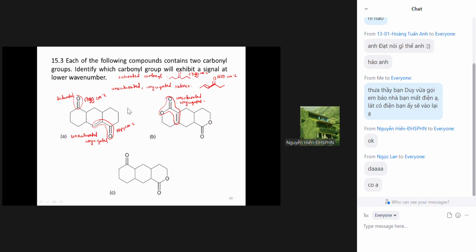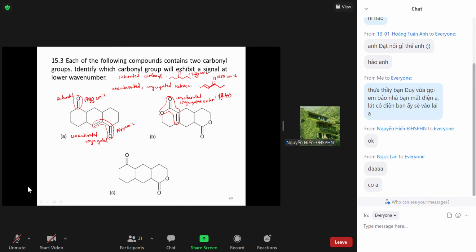Now it is not a ketone, but it is an ester. And esters will absorb a little bit higher than ketones. So it is 1,740 centimeters to the -1. No, I think that's wrong.